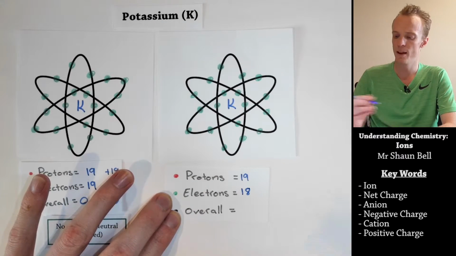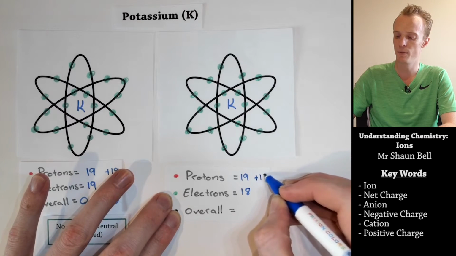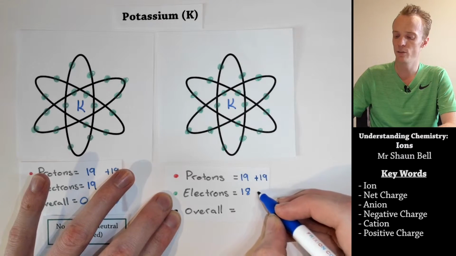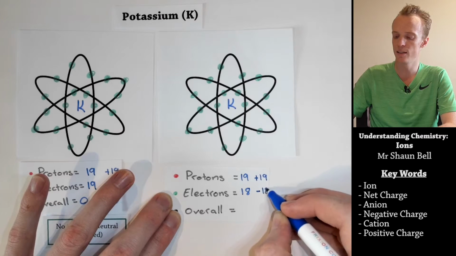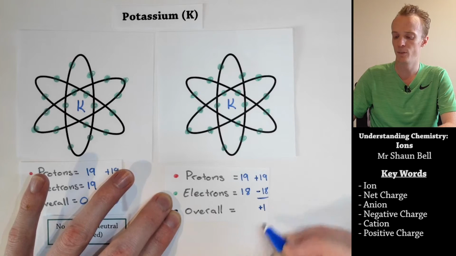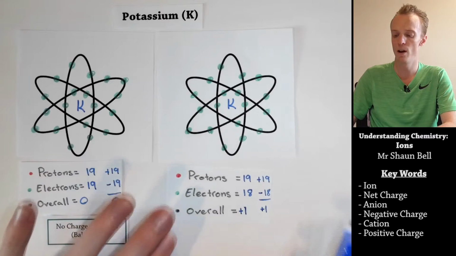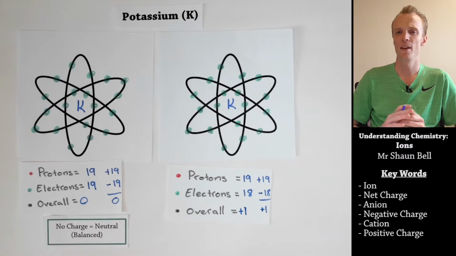So when I go about counting my overall charge, the protons give me a +19, the electrons give me a -18, 19 take 18 will be +1, so my overall charge will be +1. Therefore, this atom here is an ion.